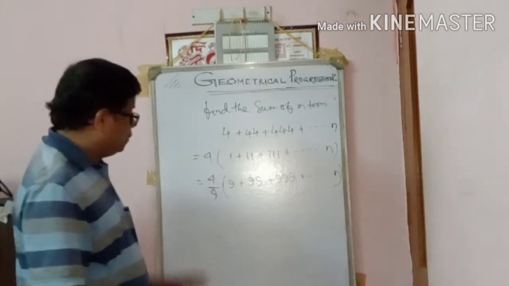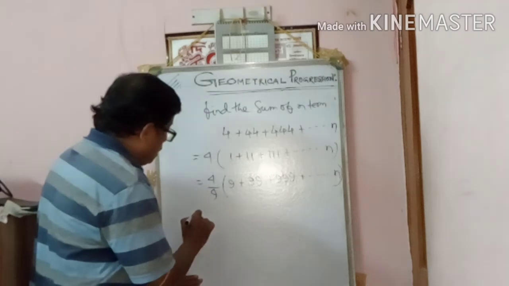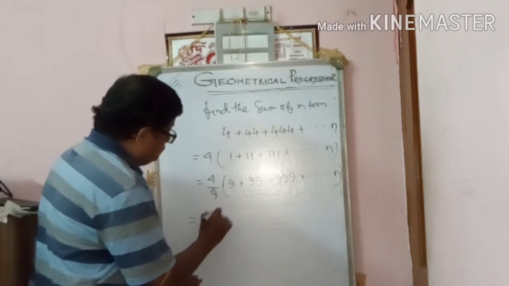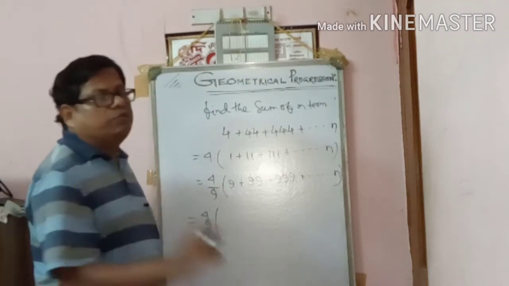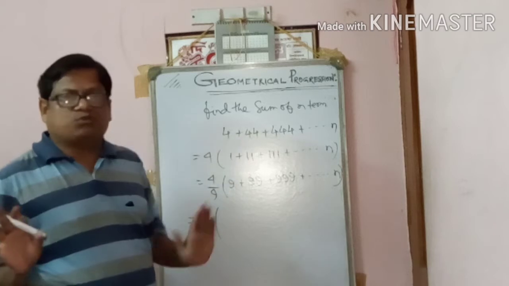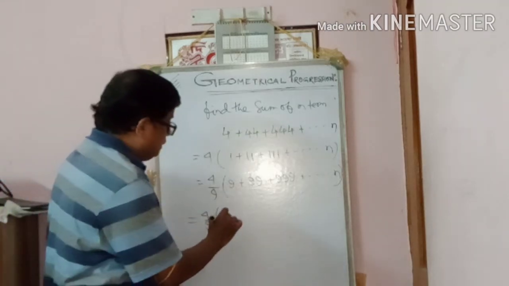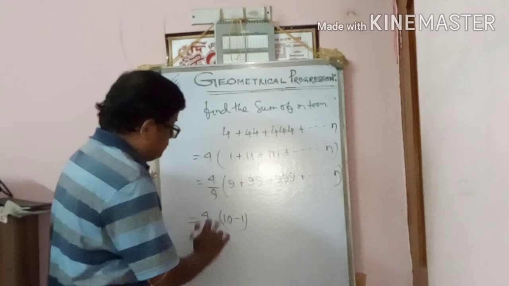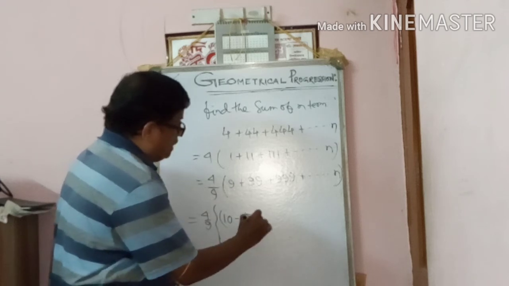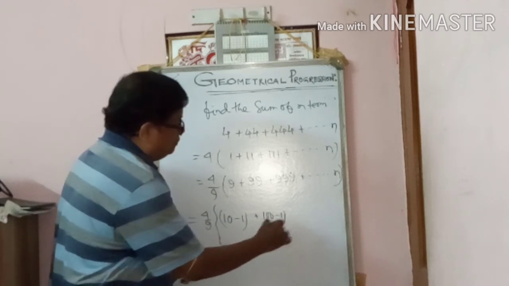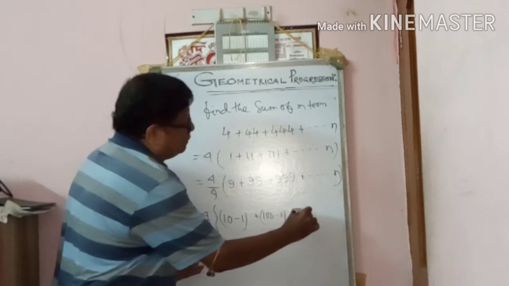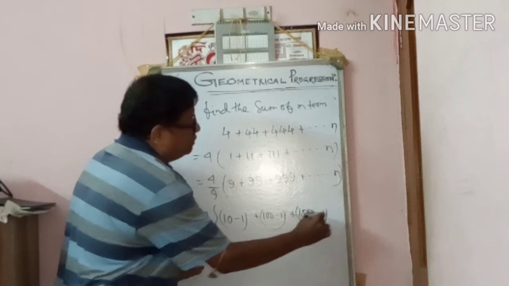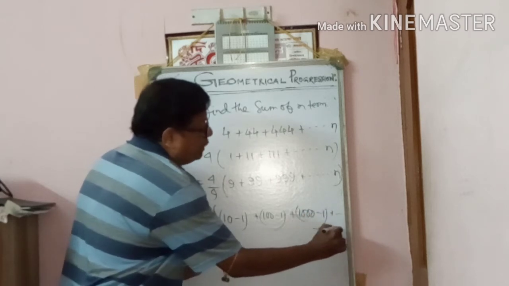Now 4 by 9. So 9 we can write as 10 minus 1. In the second bracket, plus 100 minus 1, then 1000 minus 1, plus dots up to n terms.